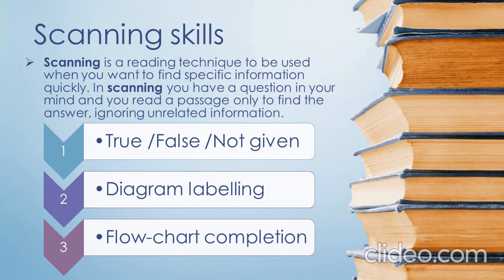In scanning, you have a question in your mind and you read the passage only to find the answer, ignoring unrelated information. So this scanning skill, mostly you will be using in these types of tasks: true, false, not given, diagram labeling, flowchart completion. As you notice, I didn't mention yes, no, not given, right? So in yes, no, not given, you're going to use the skimming technique more. I'm going to tell you why.